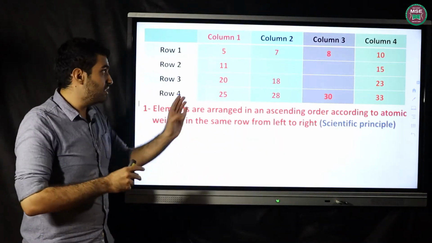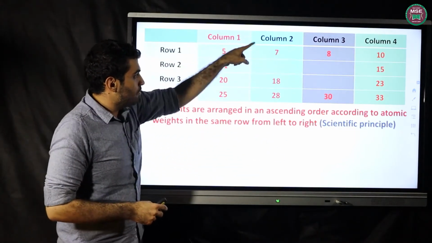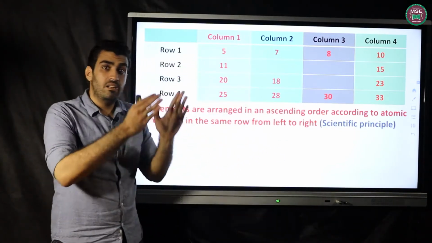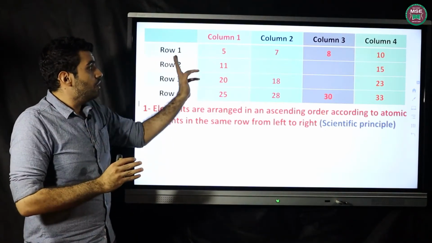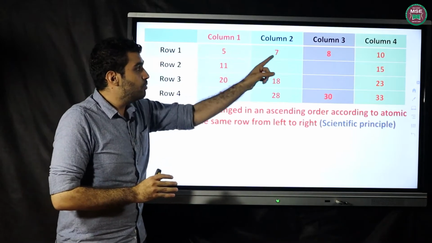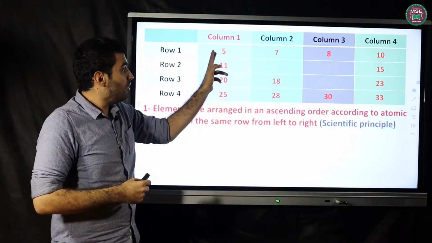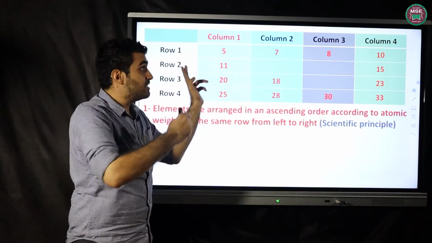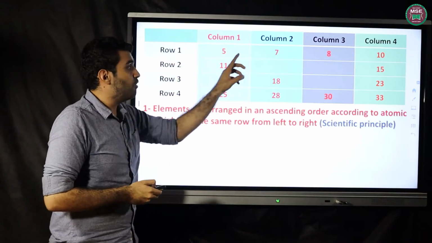When Mendeleev arranged the elements according to their properties, elements with the same color were placed in vertical columns. He found that elements are arranged in ascending order from the smaller atomic weight to the greater one: 5, 7, 8, and 10, in the same row from left to right.